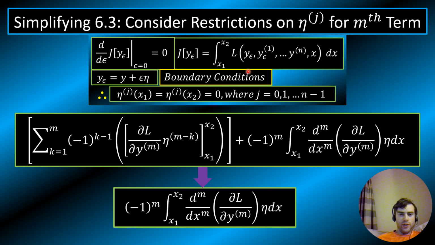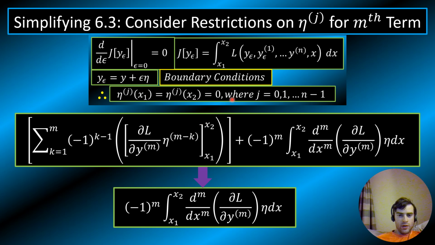Now, because of these boundary conditions, which set the jth derivative with respect to x of the y's equal to constants evaluated at the x1s and x2s in the domain, this leads to this restriction on the etas, because you want to stay in the hyperplane, as we mentioned before, in which your j's range from 0 to n minus 1.